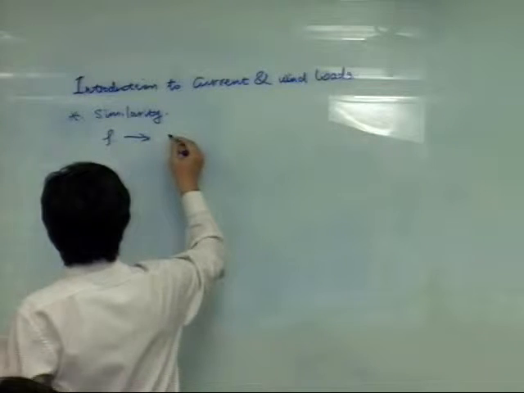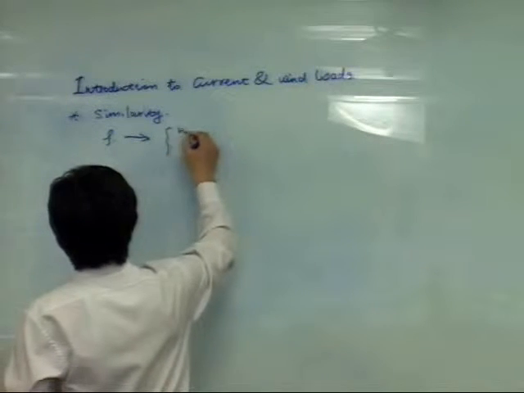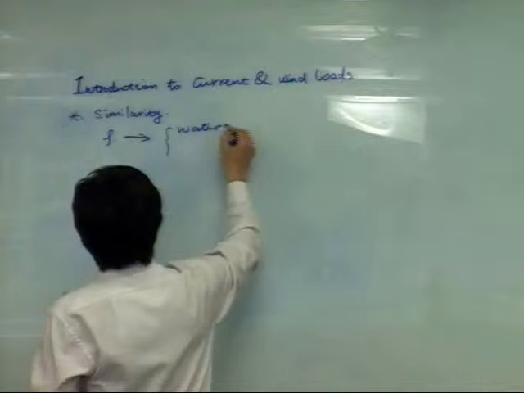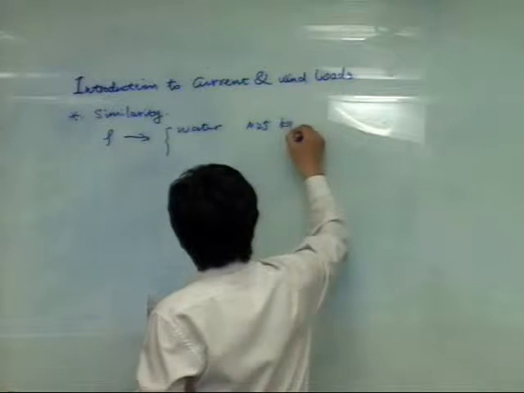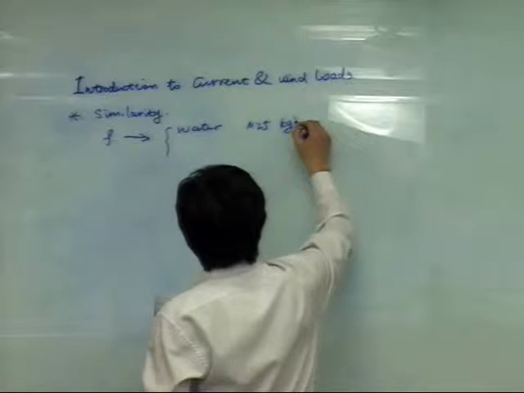The density for water, here we're talking about seawater, is about 1,000.